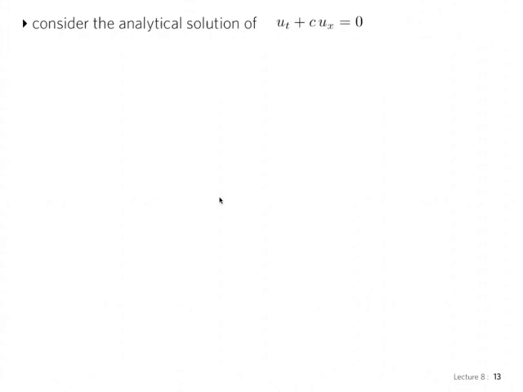We consider now the analytical solution of the convection equation, and represent the analytical solution by a Fourier decomposition in space, which we write. Now this is the analytical solution, so recall we use this wiggle (tilde) to indicate the analytical solution, and so we're going to use the wiggle here.